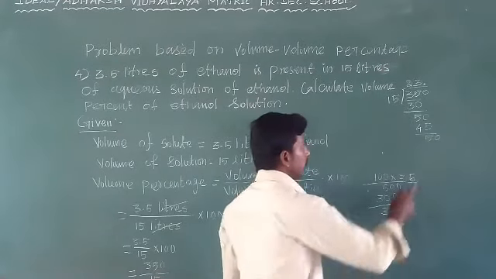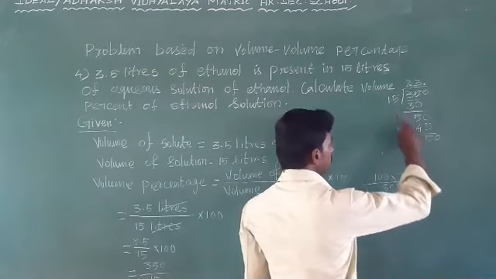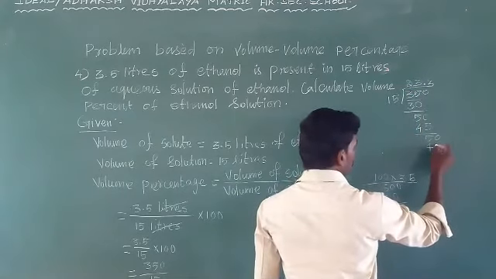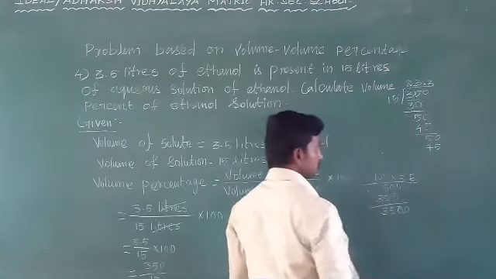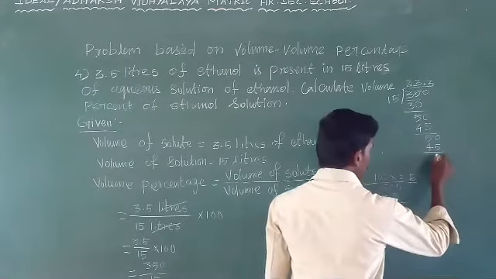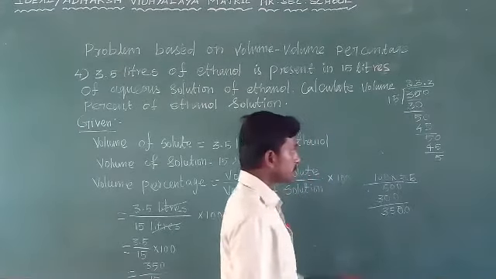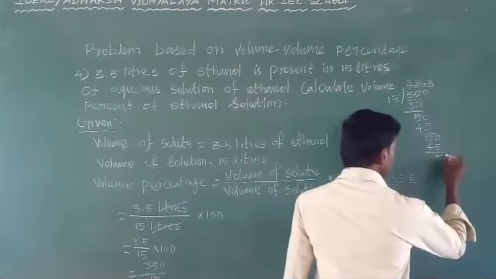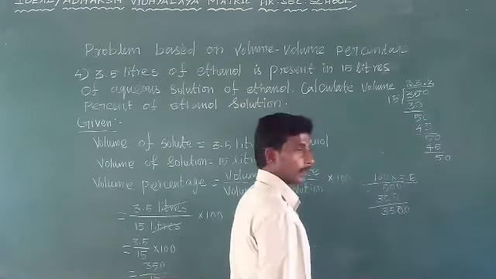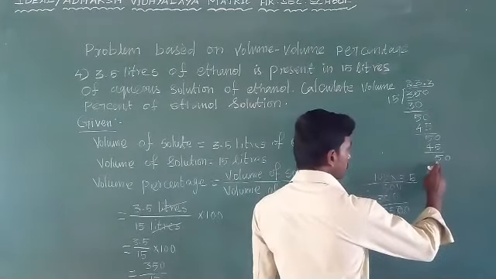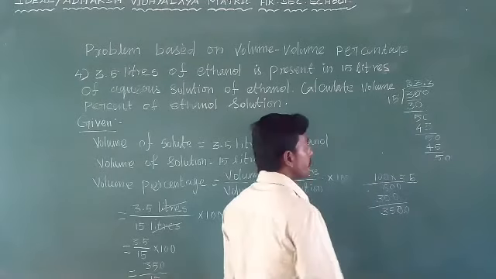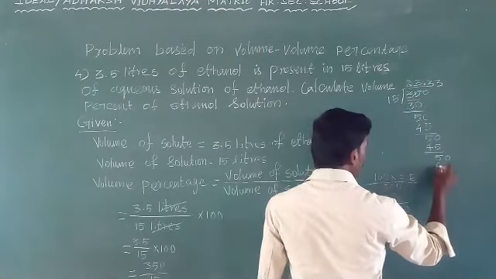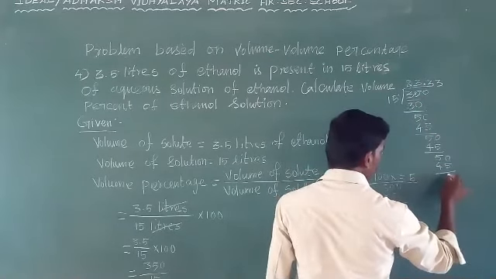Again, in 50, three 15s are present, 3 15s are 45, remaining 5.